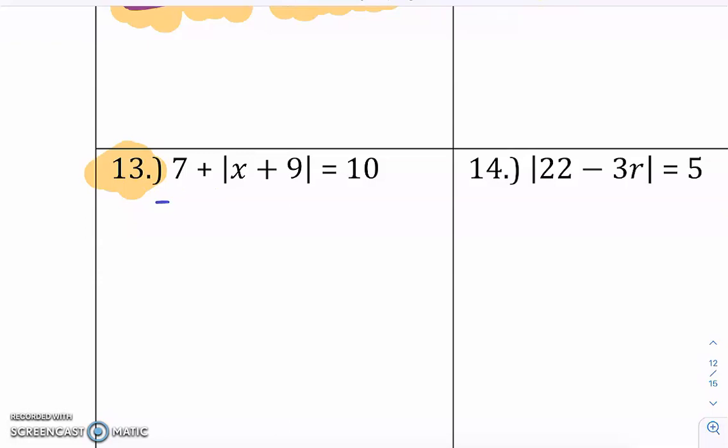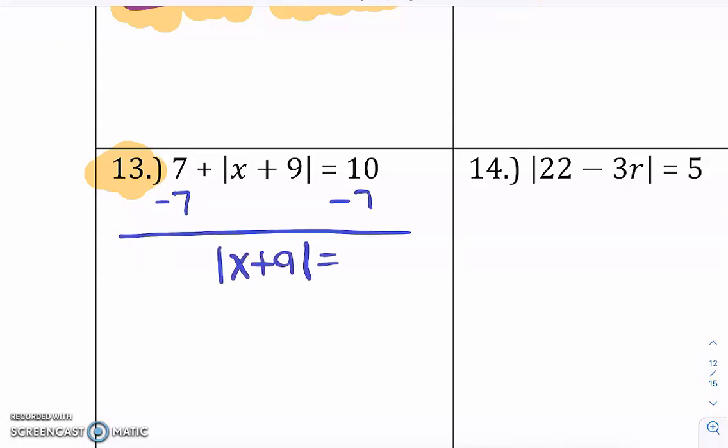They're not right up against each other. So minus 7. Get absolute value of x plus 9 equals 3. Then you guys can split it into positive and negative. So x plus 9 could be 3. x plus 9 could be negative 3.